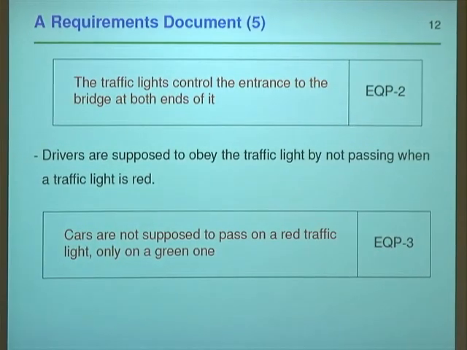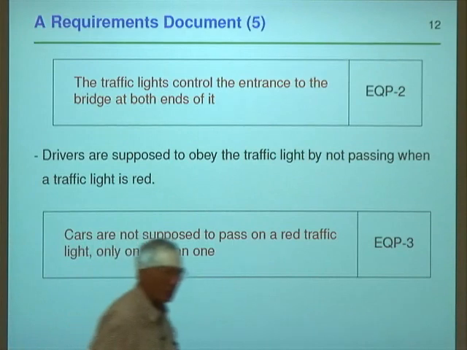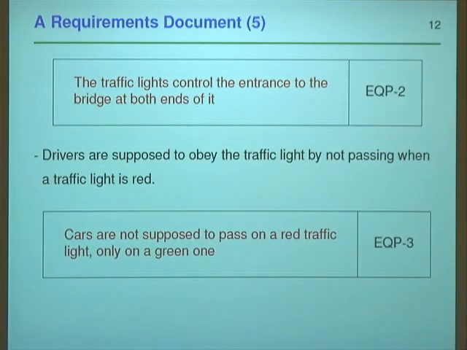And equipment number 3 is absolutely fundamental. This is an assumption about the equipment corresponding to people. In fact, a car driver is supposed to obey the traffic light by not passing when the traffic light is red. Okay, so we have this, and it is very important because if this is not true at some point, then the system could crash or have a problem or difficulty.